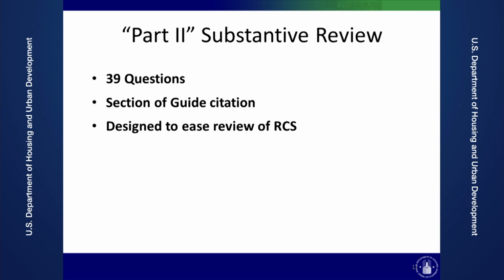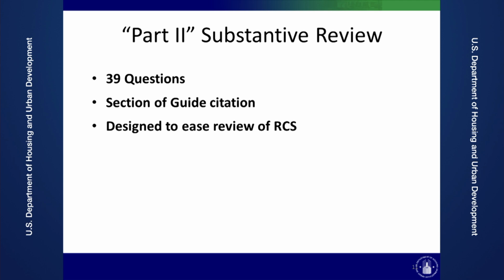Again, in this section, we've included the section of the Section 8 guide that pertains to these particular questions, so that if there's any issue about not understanding what the reviewer needs to look at or how they need to consider what the appraiser has done, the specific section in the guide is listed. Hopefully, it's been designed to ease the review of the rent comparability study.